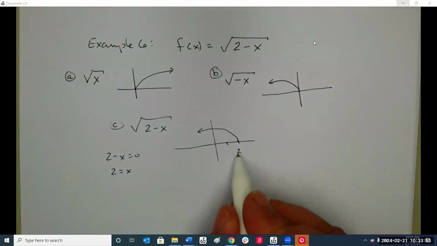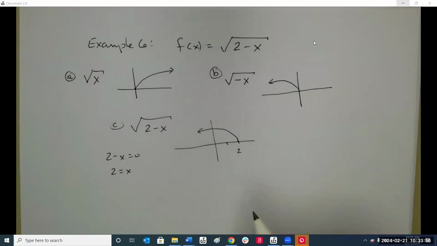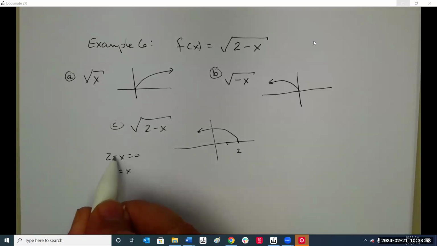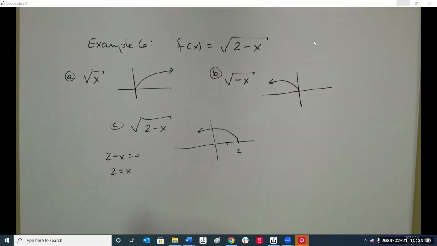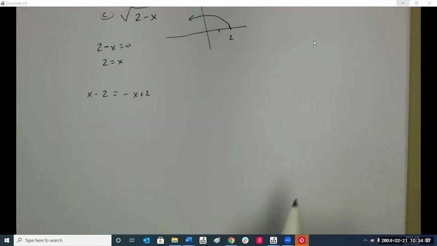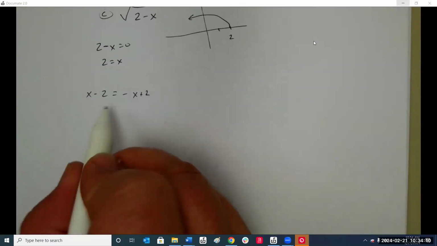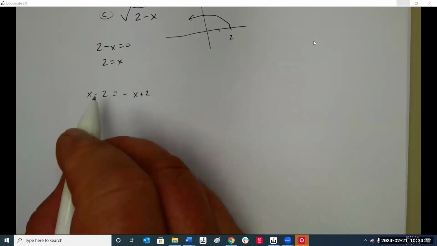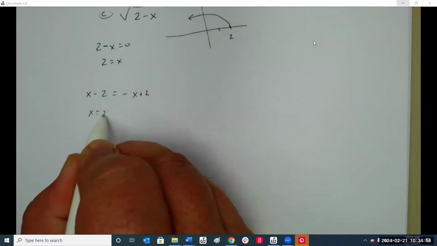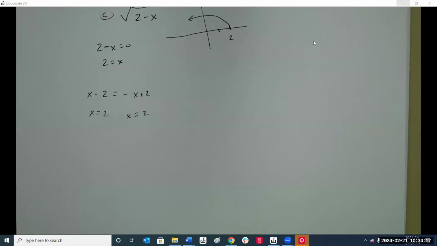It is +2. If it was +2, would it go the same way? No, because there's a difference between that and that. If you set them both equal to 0, what happens? This one equals 2, this one equals 2. So that's what I'm saying: if you ever have any doubts, take whatever's inside the function, set it equal to 0, and then find out where your new 0 point is.